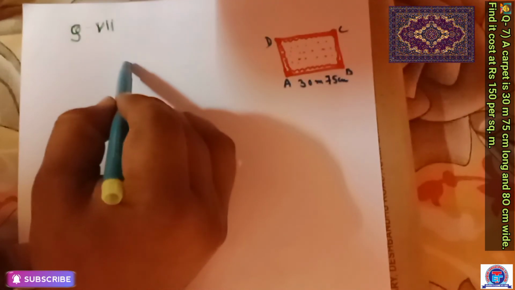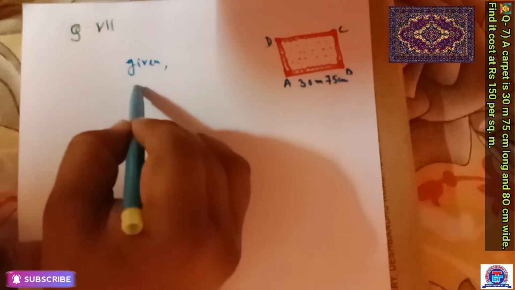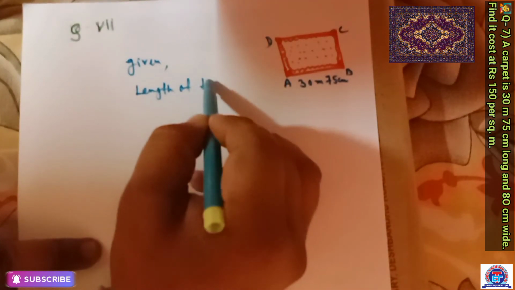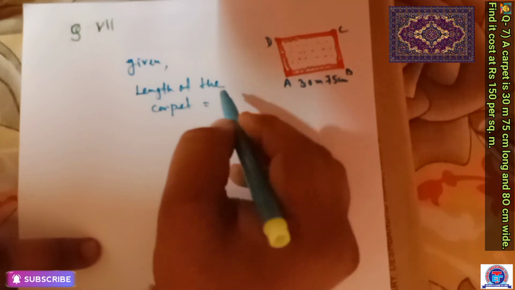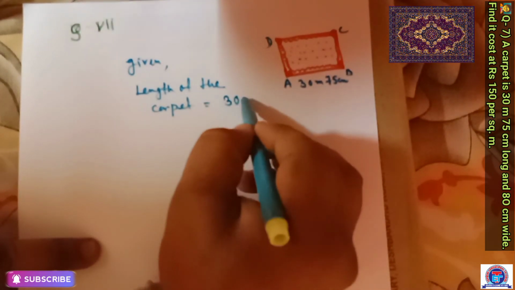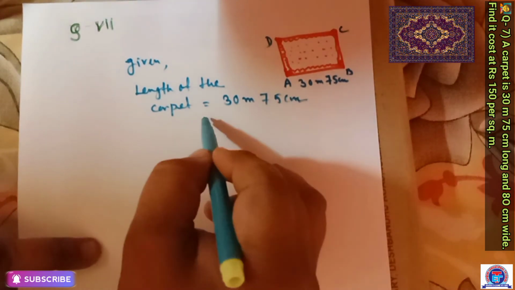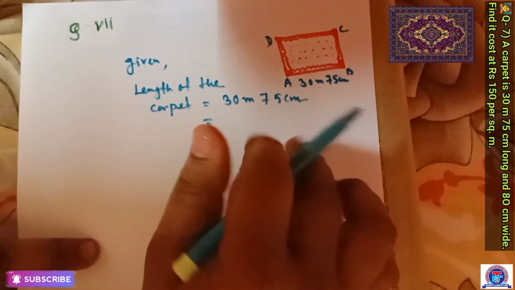So the given length of the carpet is equal to how much? 30 meter 75 centimeter. That means we convert it into centimeter, right?